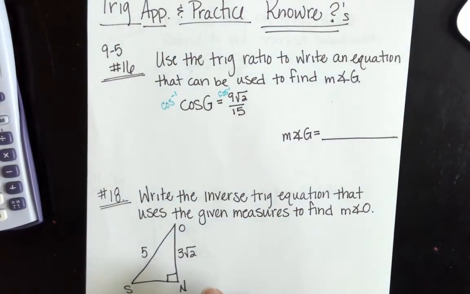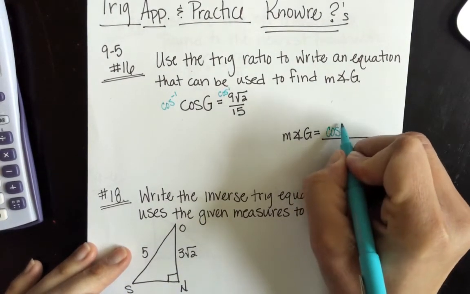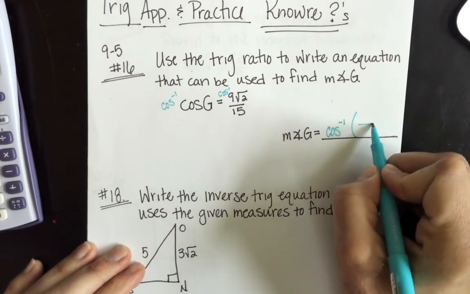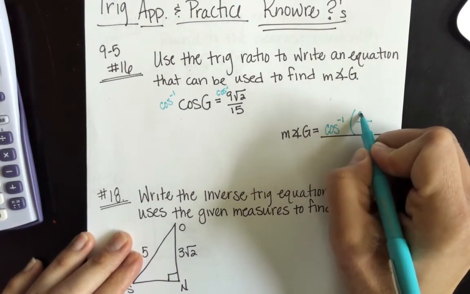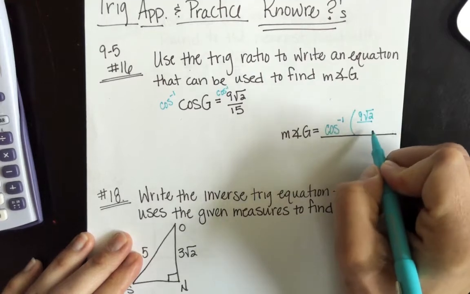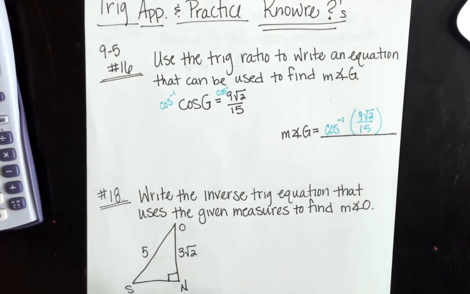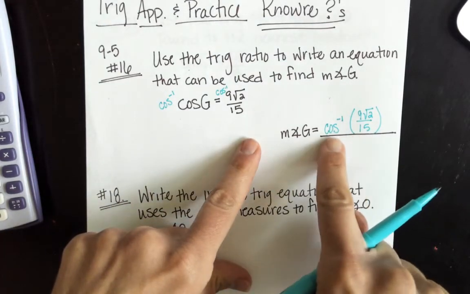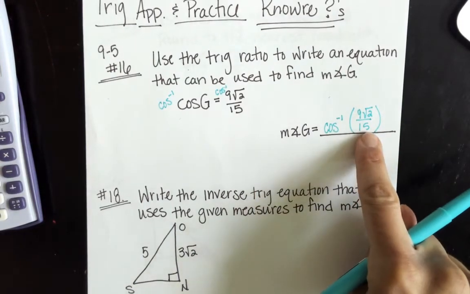They're going to cancel each other out, leaving us with inverse cosine, and then in Knowre you would put the fraction symbol, and then you would make sure that you did 9 and the radical symbol 2 over 15. And that's all we want. There's no answer, you're not finding the measure, you're writing the equation. So when you look at what that means, it wants us to show the inverse function with the fraction.